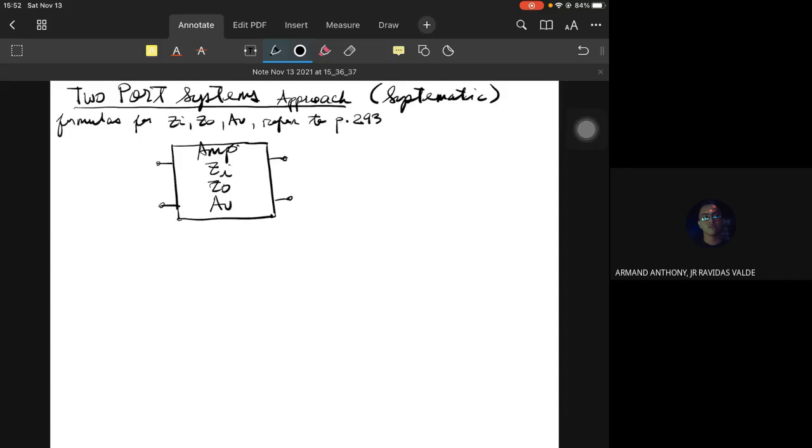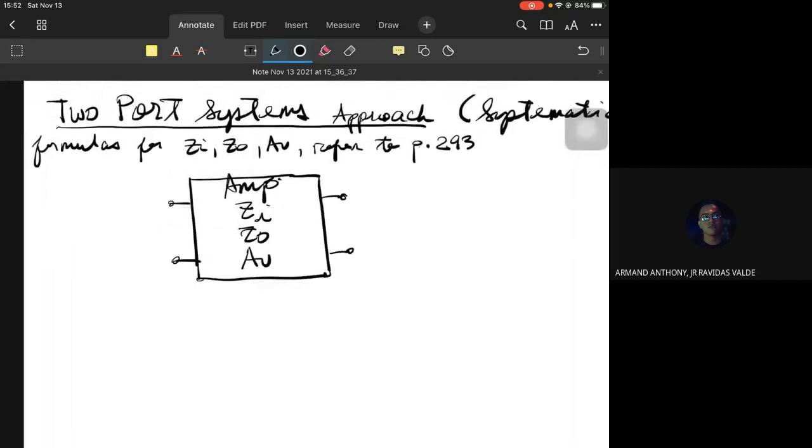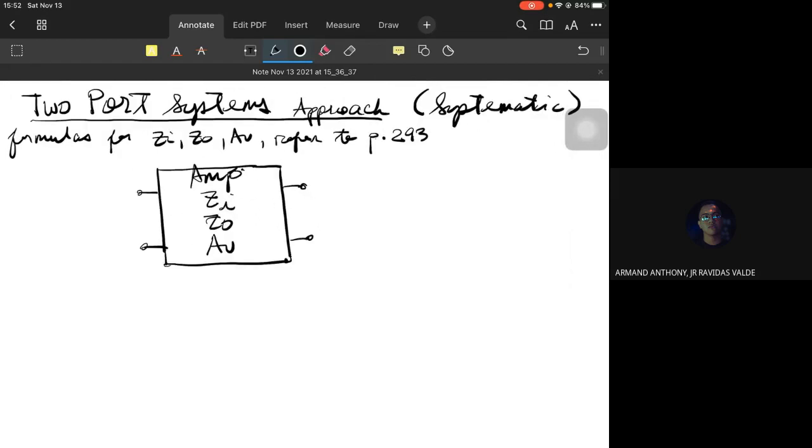So for a one-stage amplifier, such as this one, what are some external factors that we could connect to our amplifier?